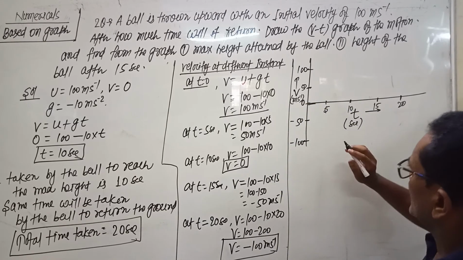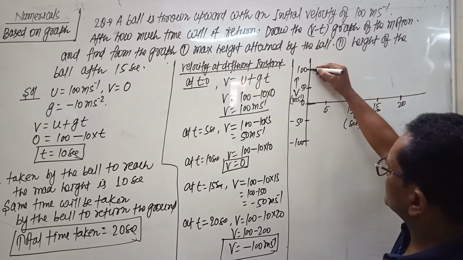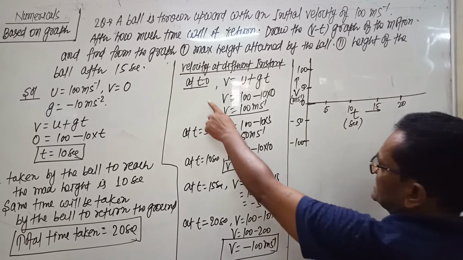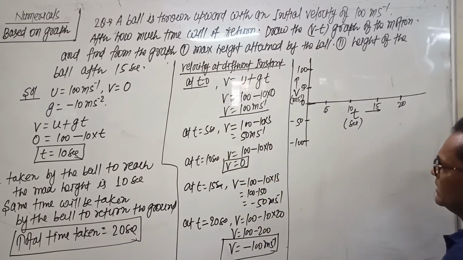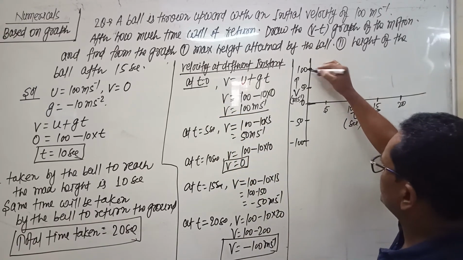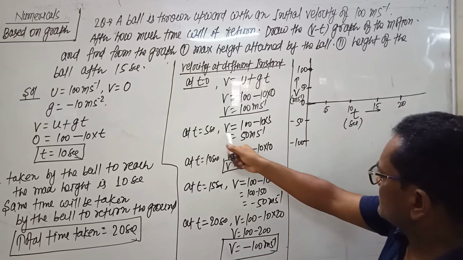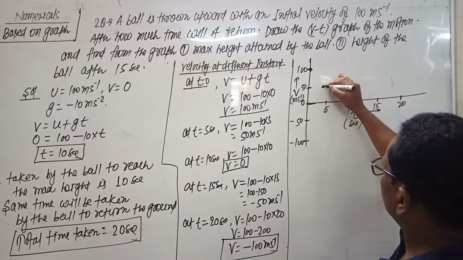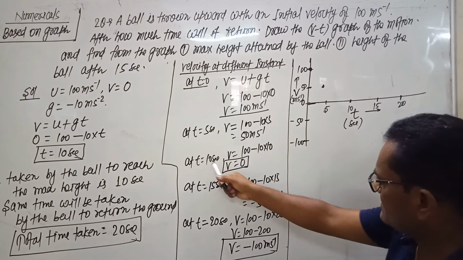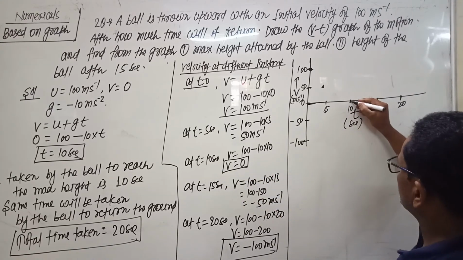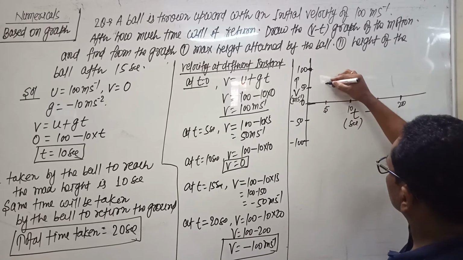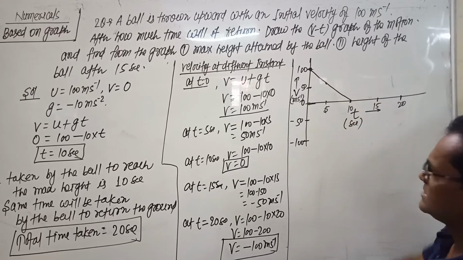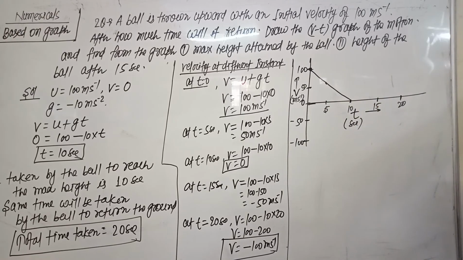At time t equals 0, the velocity is 100 meter per second. At time t equals 5 seconds, it has velocity 50 meter per second. At time 10 seconds, its velocity becomes 0. This completes the upward motion.